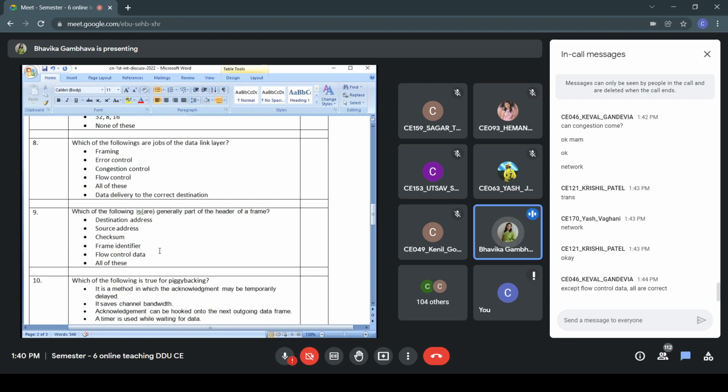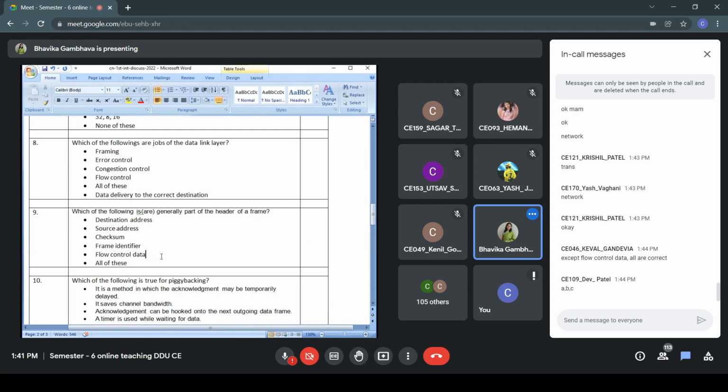No, not except flow control. Flow control is not there, but there is something else as well which will not be there as part of the header. No, not ABC. A and B, of course you are right. Checksum will be part of the trailer.